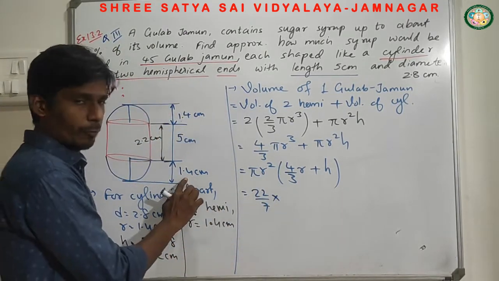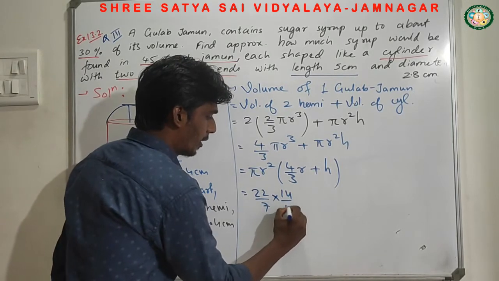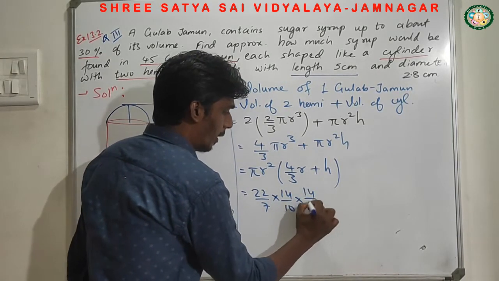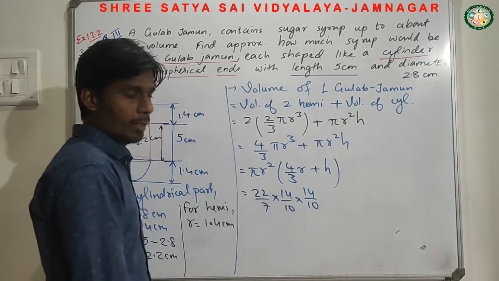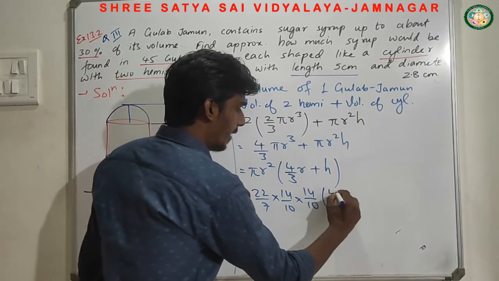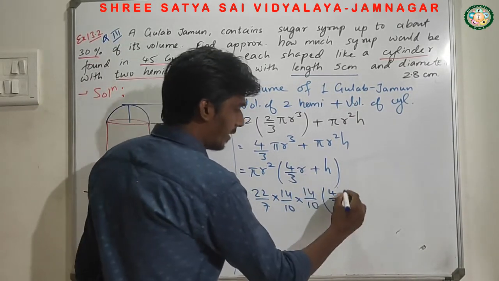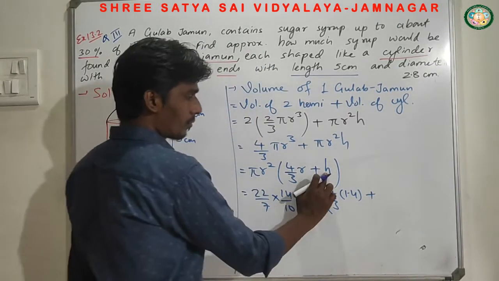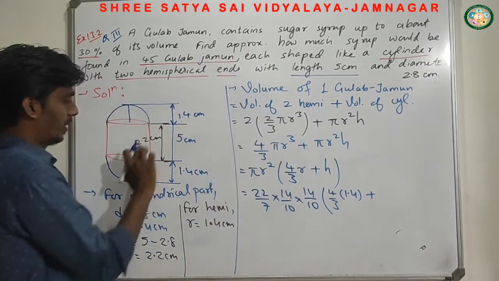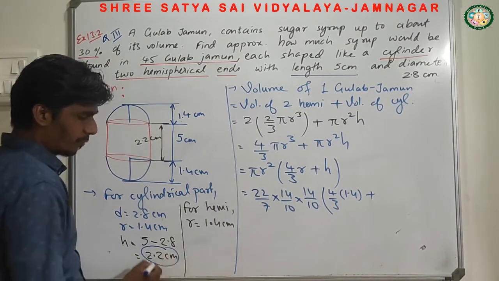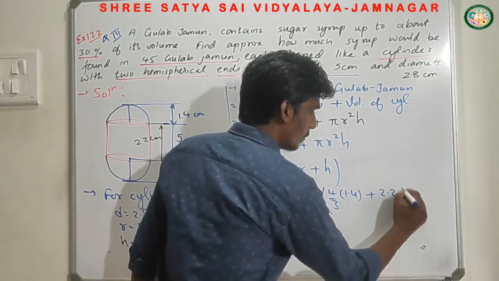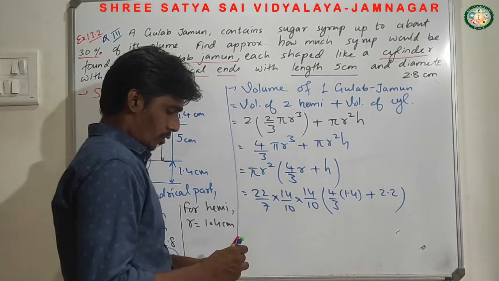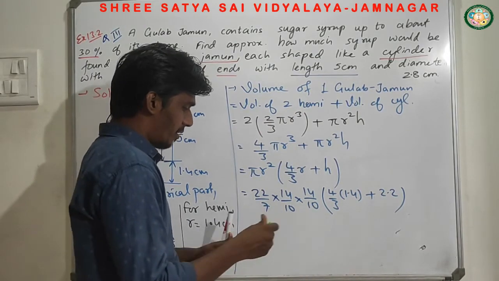So instead of 1.4 I am going to write 14 upon 10, removing the decimal place. 4 by 3. What is r here? It's again 1.4, plus height. What is the height of the cylinder? This is the height of the cylinder, 2.2.